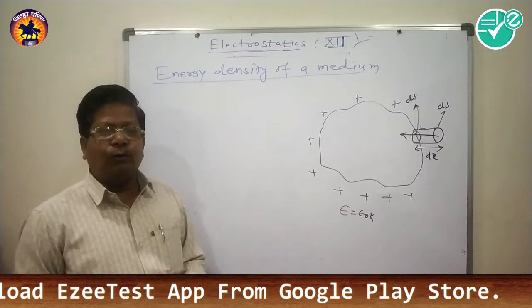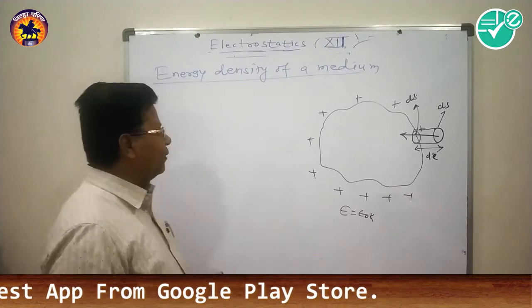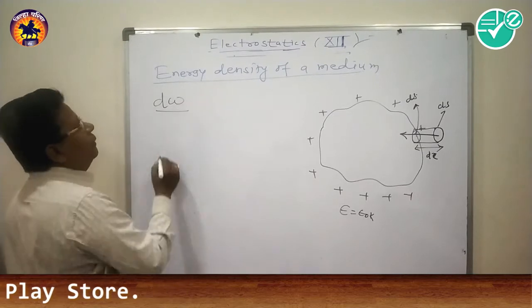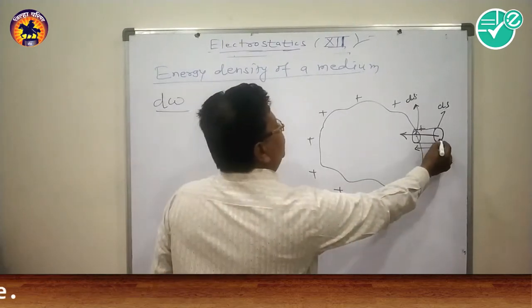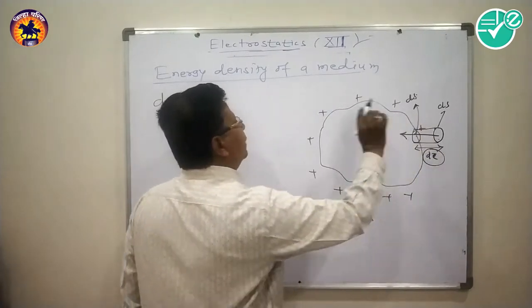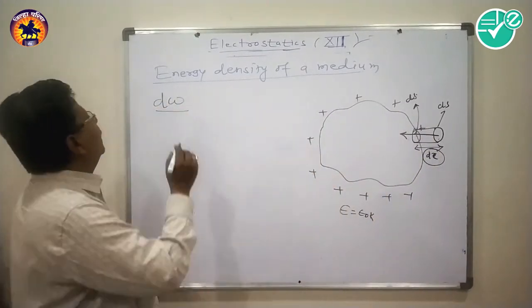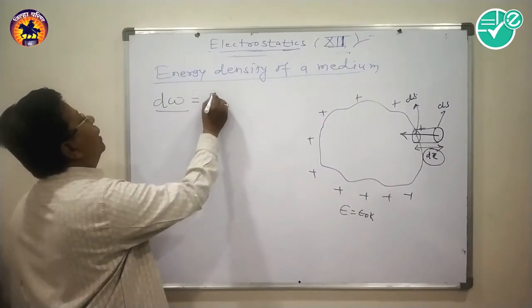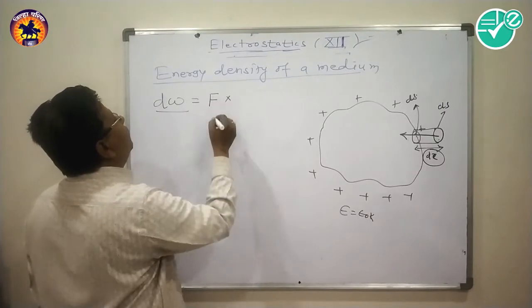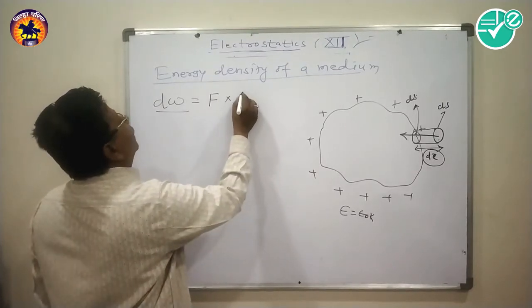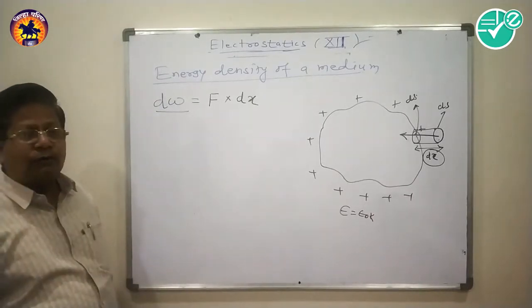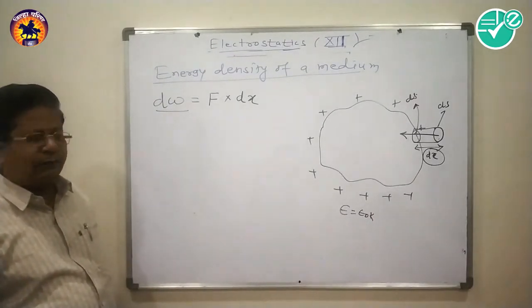we have to do work, and we know that the work done to bring area ds through a small distance dx on the charged surface, dW, is equal to F, that is mechanical force, multiplied by distance dx. So work is equal to force multiplied by distance.